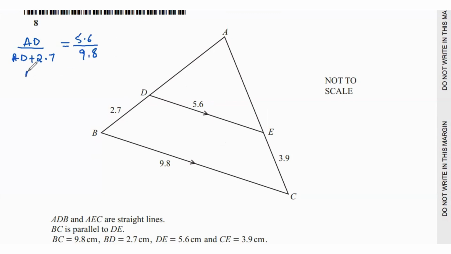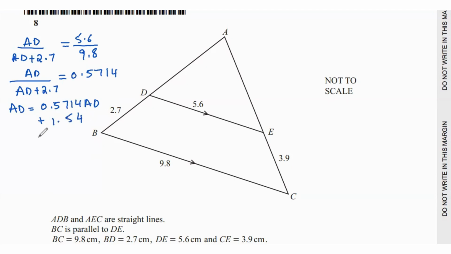So that's going to be 0.5714. Cross multiply: AD equals to 0.5714 times AD plus 2.7, which gives 1.54. We take 0.5714 AD to the other side.